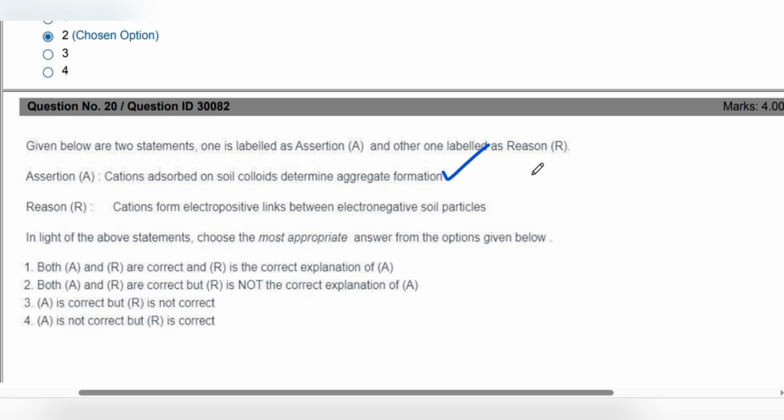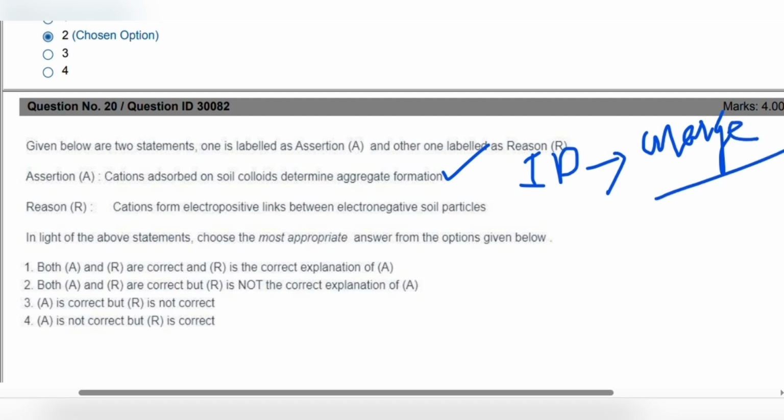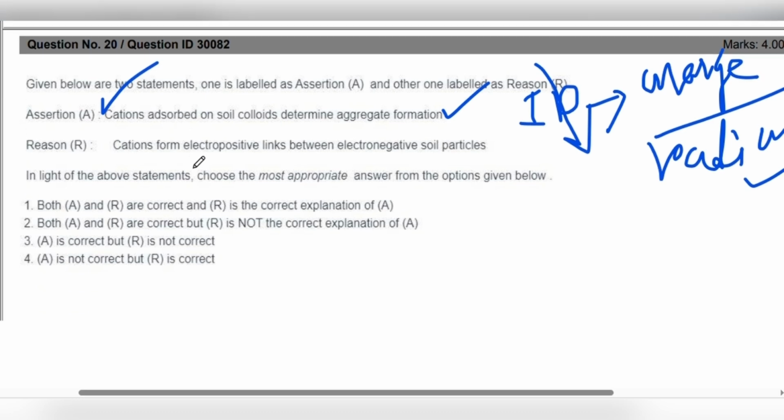Here another governing factor is ionic potential. You should know the term. Ionic potential is nothing but charge by radius. So if the radius increases, the ionic potential decreases. So the first statement is correct. The second statement is cations form electropositive links between electronegative soil particles.